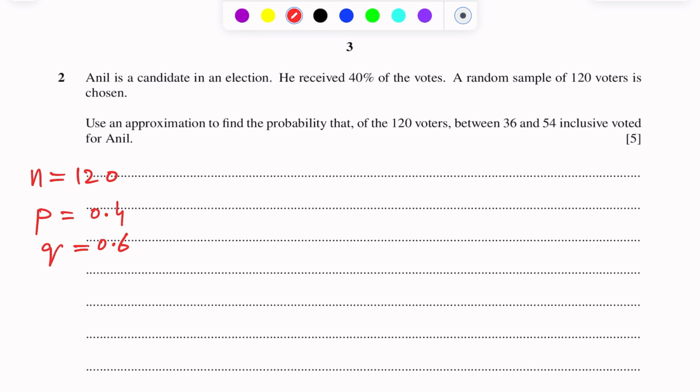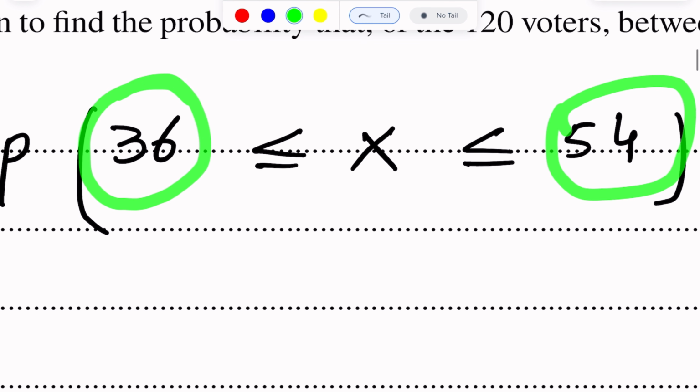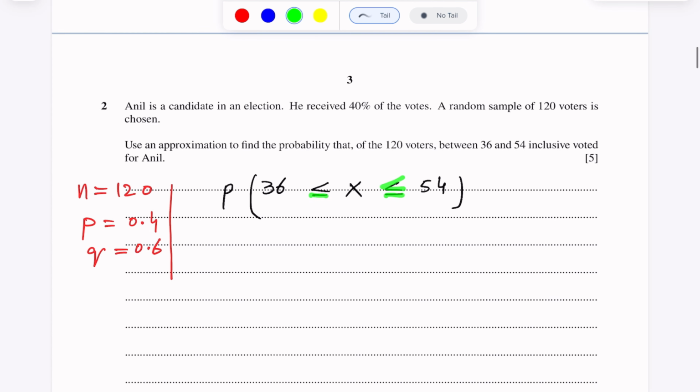Now we have to find the probability that X lies between 36 and 54 inclusive. Inclusive means these extreme values are also included. We write it as less than or equal to. We will use this equality sign also.